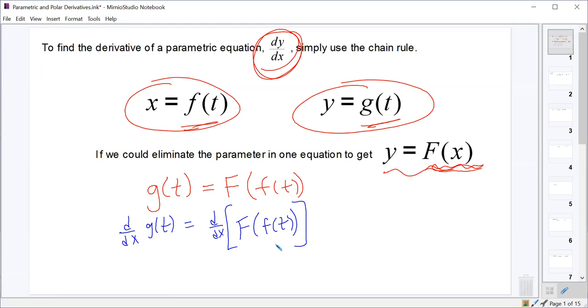What is the derivative of g of t? Oh, sorry. I've written not what I wanted to do. Sorry. I want to take the derivatives of each of these things because they're in terms of t with respect to t. So what's the derivative of g of t with respect to t?